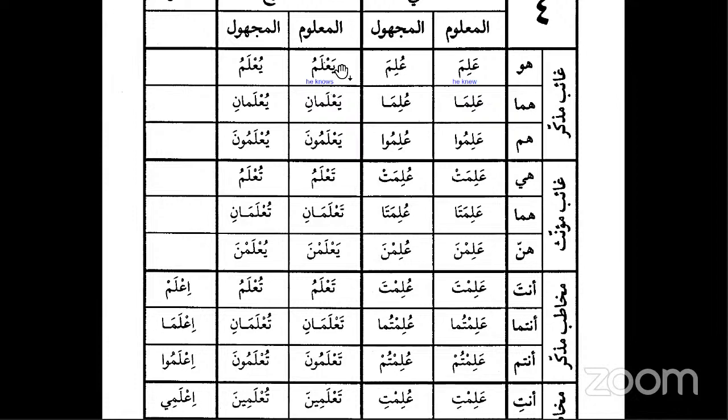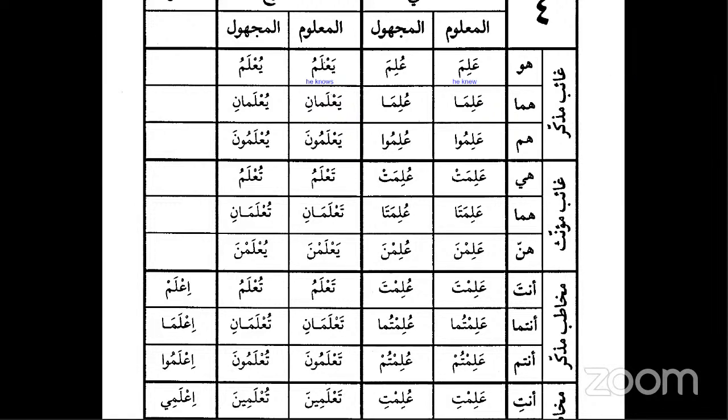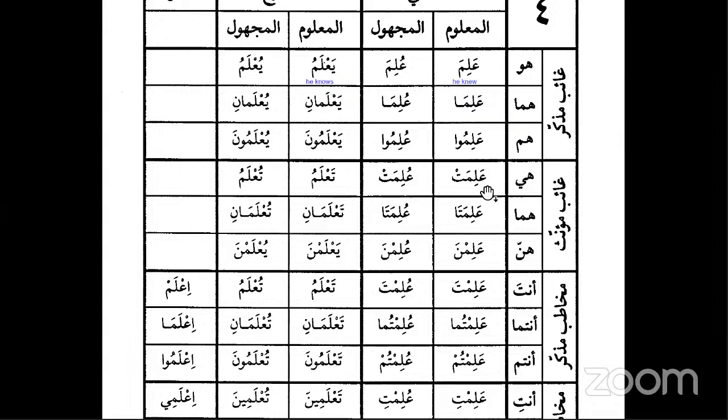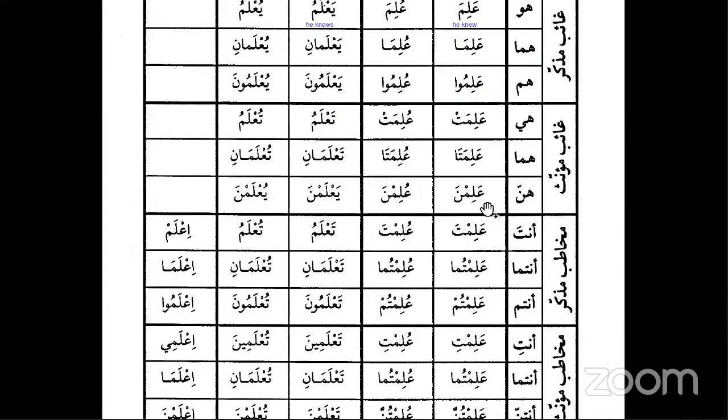Huma alima, they two knew. Hum alimu, they all knew, for male. Hiya alimat, she knew. Huma alimata, they two female knew. Hunna alimna, they all female knew.